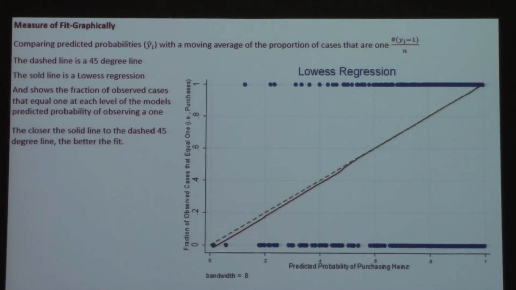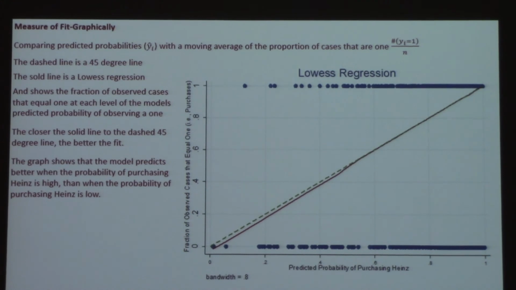And again, we want to be able to get as close to the 45-degree line as possible. This is the data we're going to use. But it shows that the predicted probabilities are more accurate the higher the probability of purchasing is.